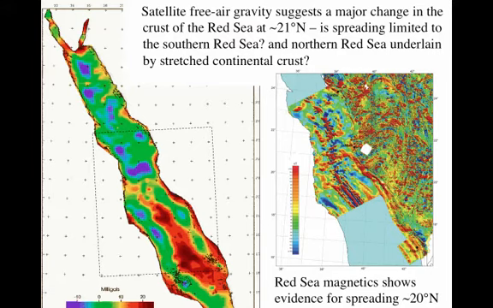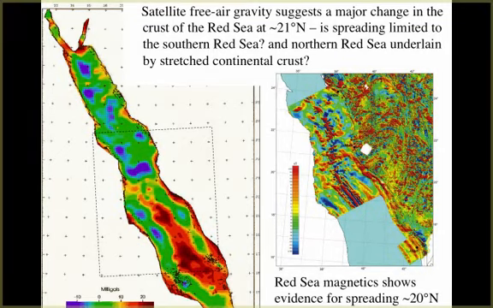We can look at some gravity data in the Red Sea that suggests that the crust is different at around 21 degrees north. And this suggests that perhaps spreading is limited to the southern Red Sea, and that the northern Red Sea is underlain by stretched continental crust.